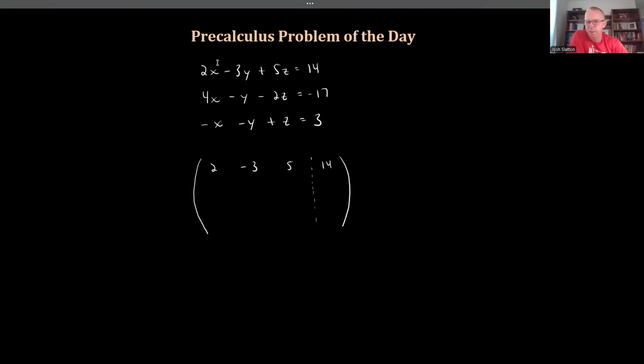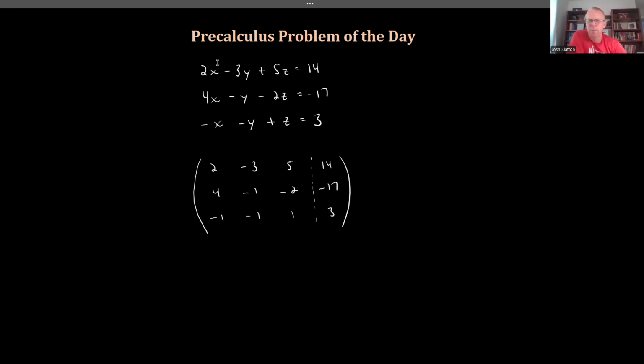But a lot of times that's just to signify that over here we have the equal, over here we have the answer, and over here we have the variables. So we're just writing the coefficients. One thing you want to make sure you do is keep the variables in order.